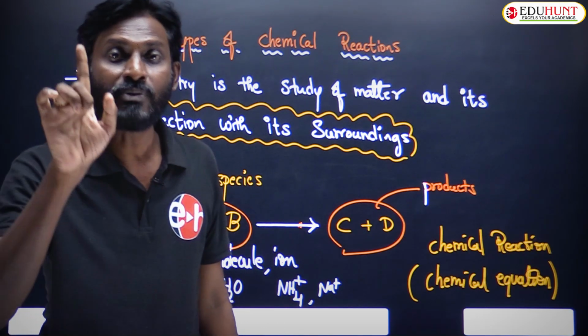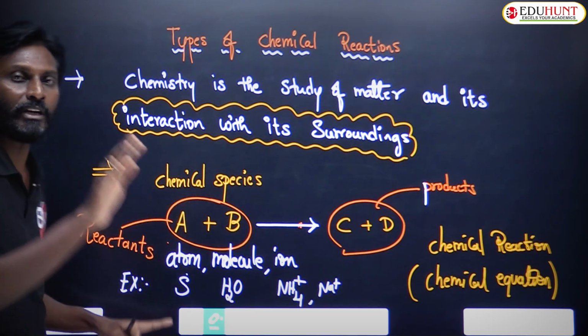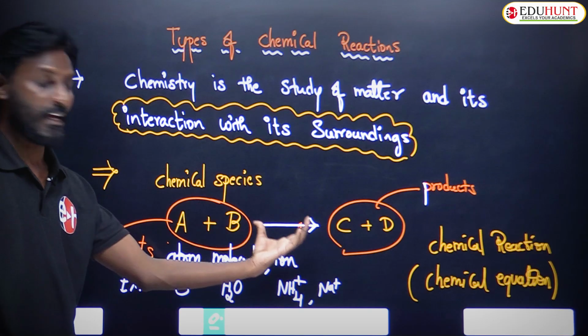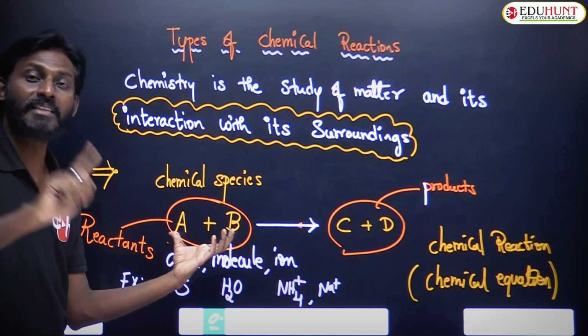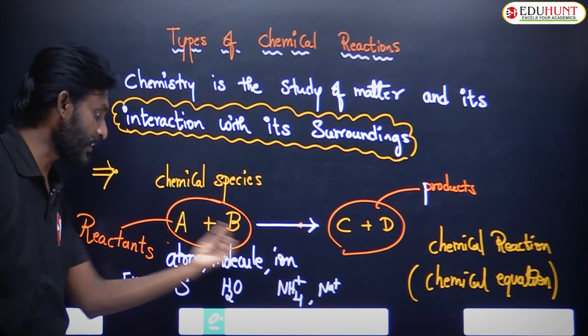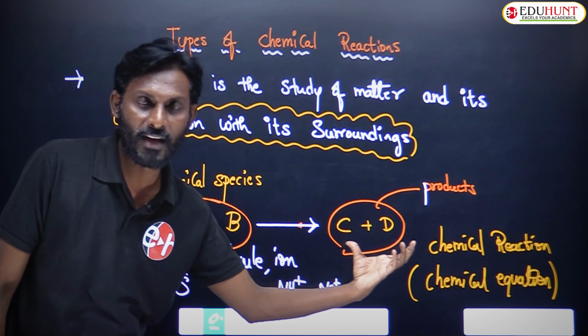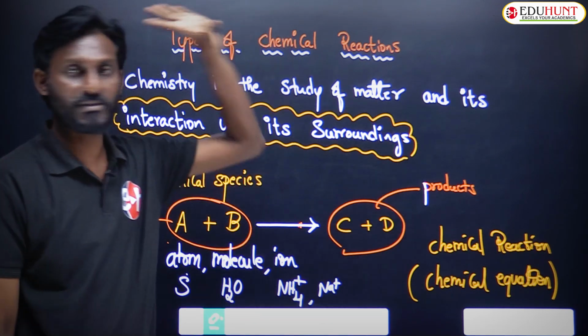But if you represent that chemical reaction on paper, you need to follow some procedure, like an arrow mark. To the left side of the arrow mark, the chemical species which are interacting with each other are called reactants, and towards the right side of the arrow mark, the chemical species which are newly formed are called products.